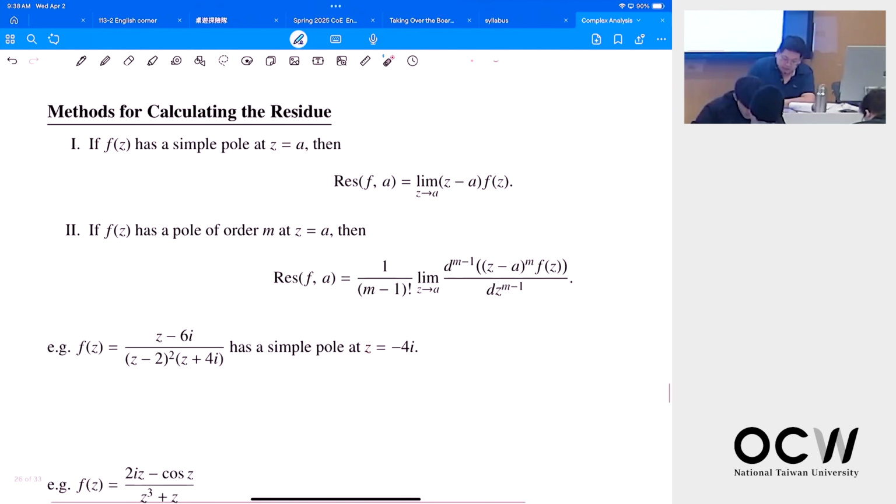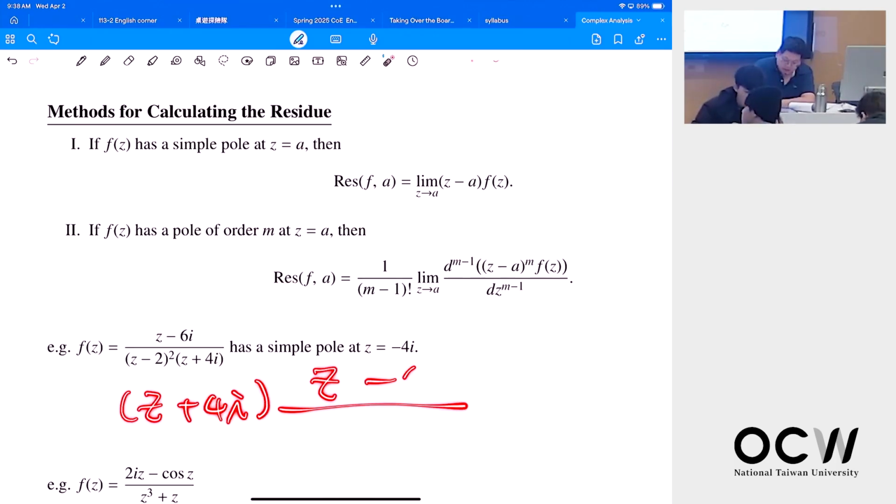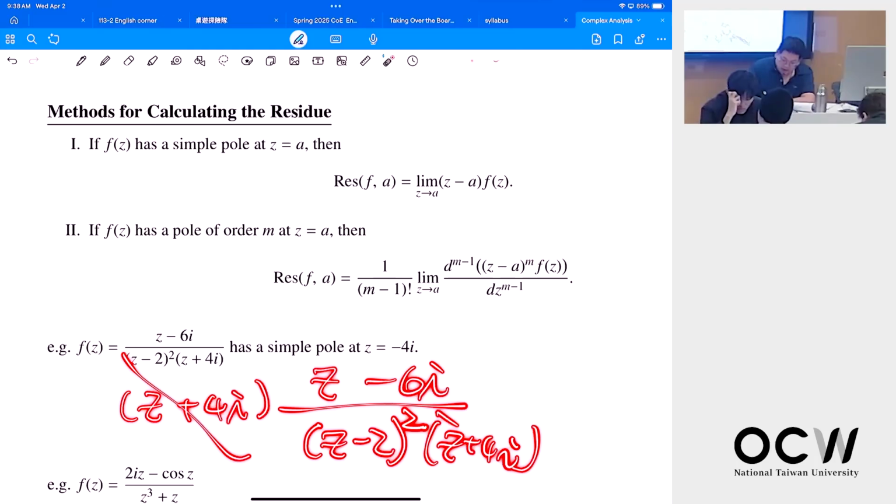How do I know this is a simple pole? Because I multiply by z plus 4i and the function, and then they can cancel out, and then you plug in z equals minus 4i, you get a constant.